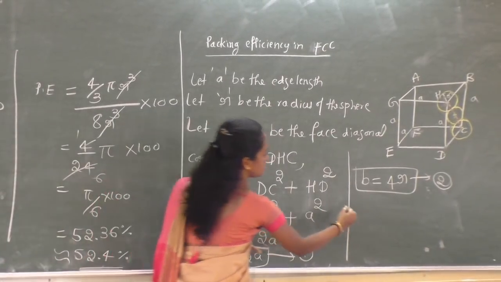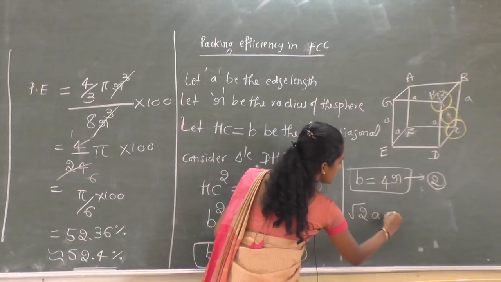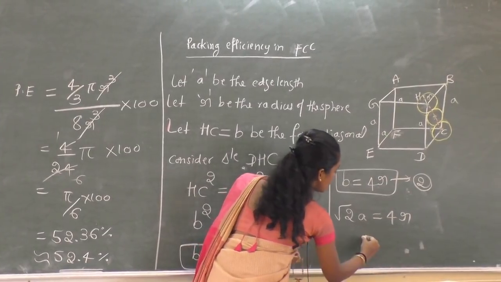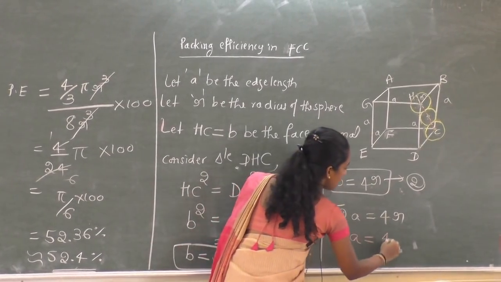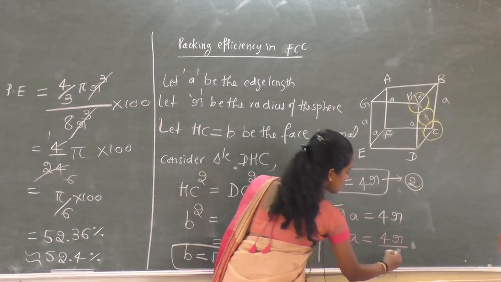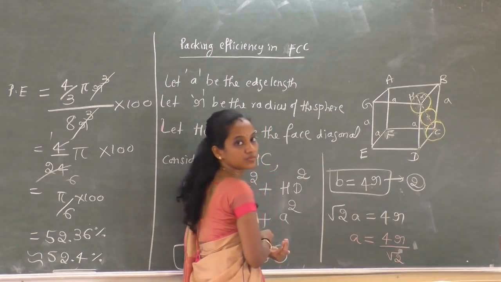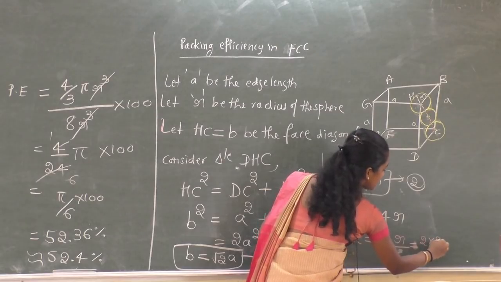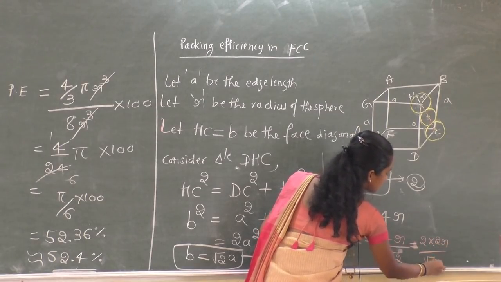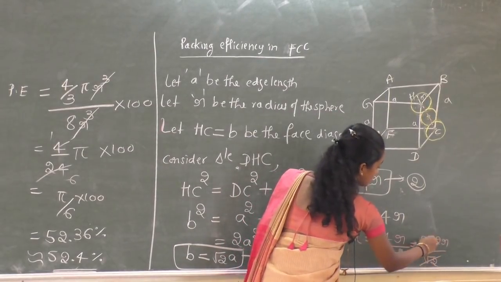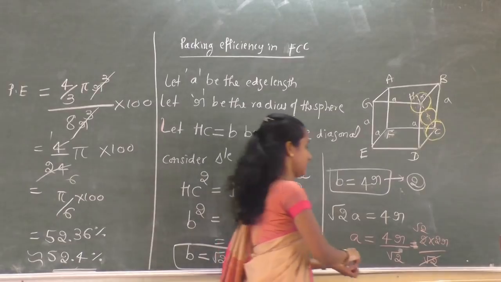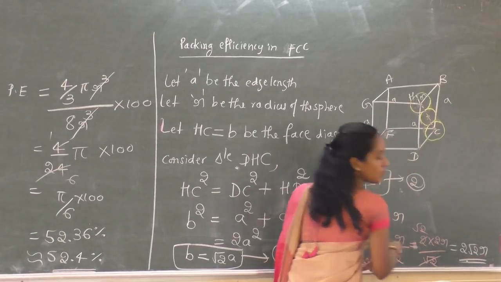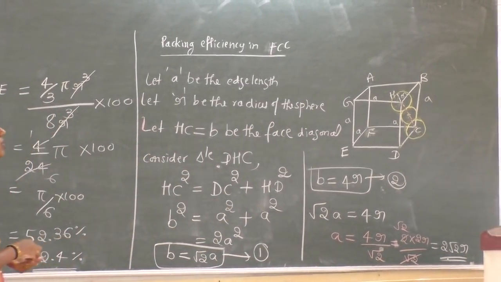So square root of 2 into A is equal to 4 into R. That is, A is equal to 4R divided by square root of 2, which is equal to 2 root 2 R. What is A here? A is equal to 2 root 2 R.